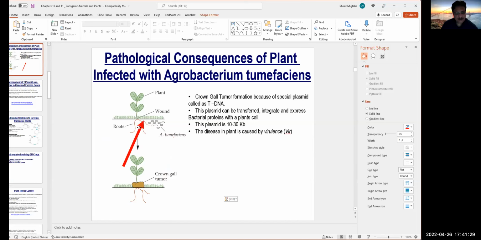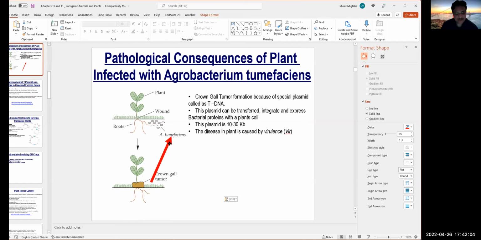They infect at the junction of earth and root, where the root is very fresh and soft. So these bacteria can infect these roots, and they have the capacity to grow a tumor-like structure on the plant at the junction of soil and plant. And this tumor can cut off the nutrient supply from the soil, and the plant can die.